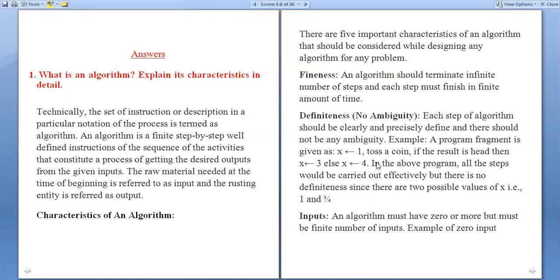For example, a program fragment is given as: x is assigned 1, toss a coin. If the result is head, then x is assigned 3. If it is not head, then it is assigned 4. All the steps can be carried out effectively, but there is no definiteness, since there are two possible values of x, that is 3 or 4.